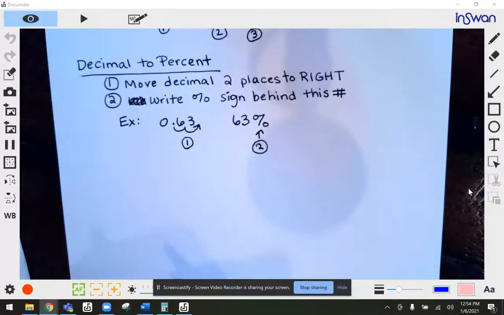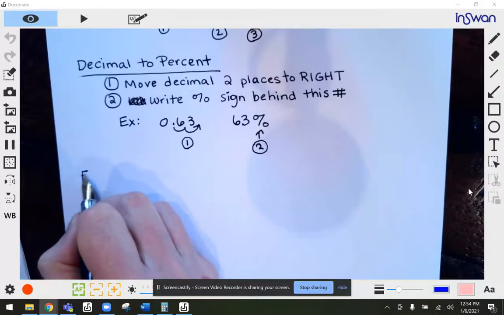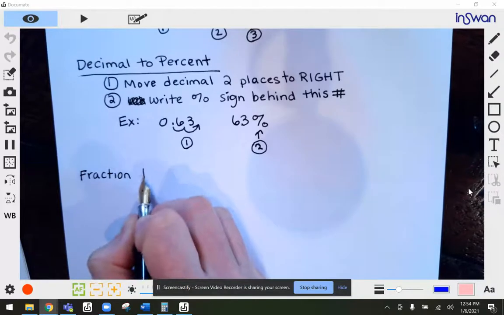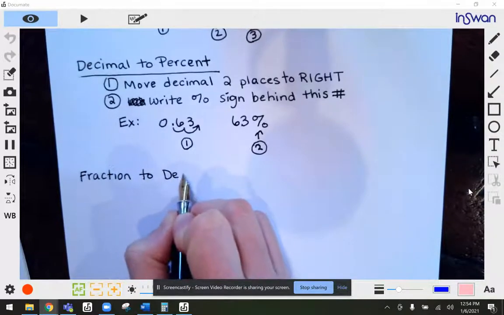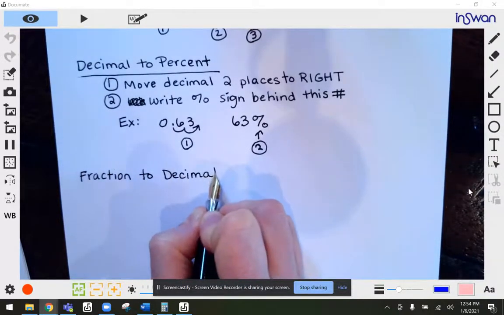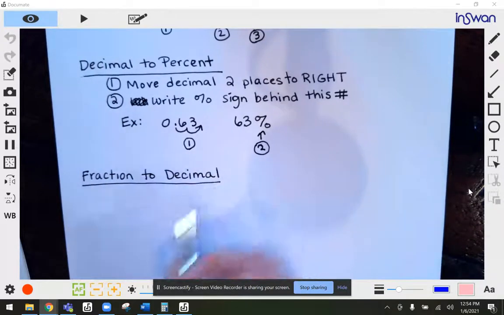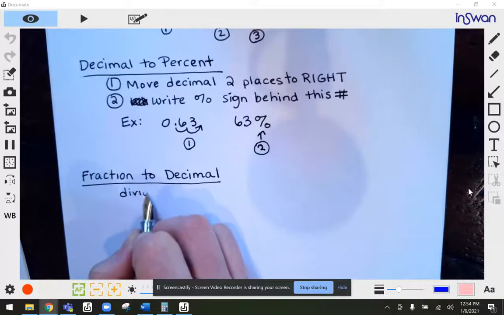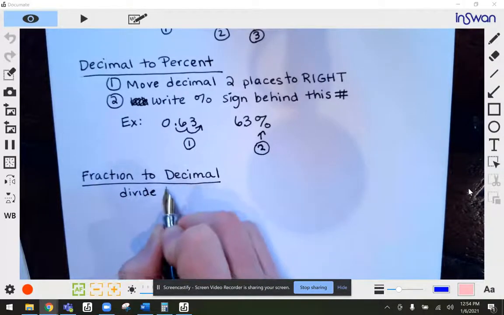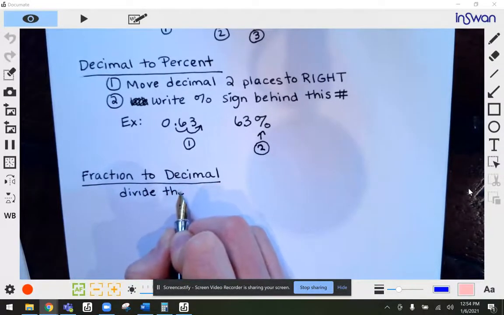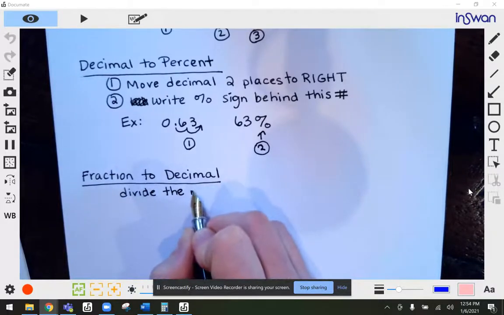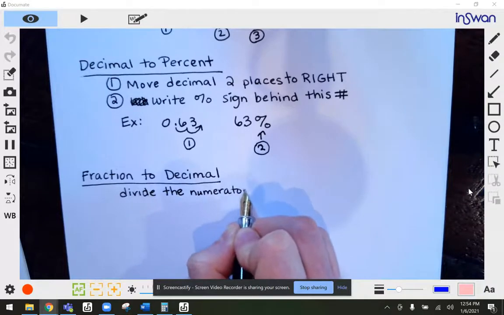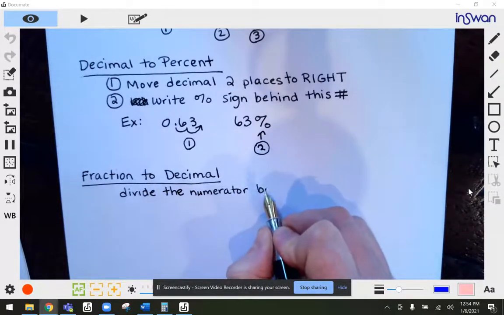All right, so now we're going to do going from a fraction to a decimal. Okay, here we're just going to divide the numerator by the denominator.